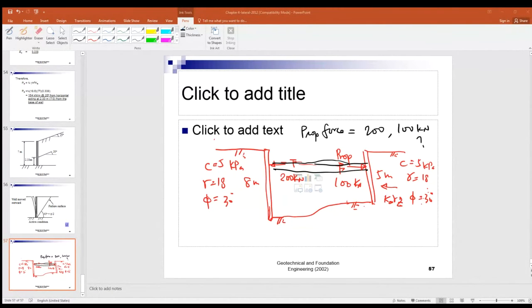Now, there are some terms you have to learn about. Cut slope means you are cutting some soil out of a soil mass. So that is a cut slope. In other words, say the original ground is here, and then you do some excavation, right?